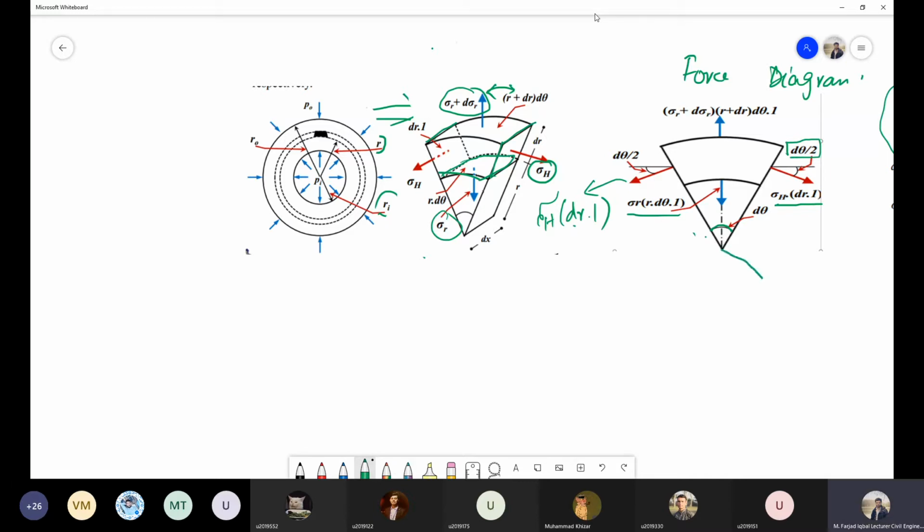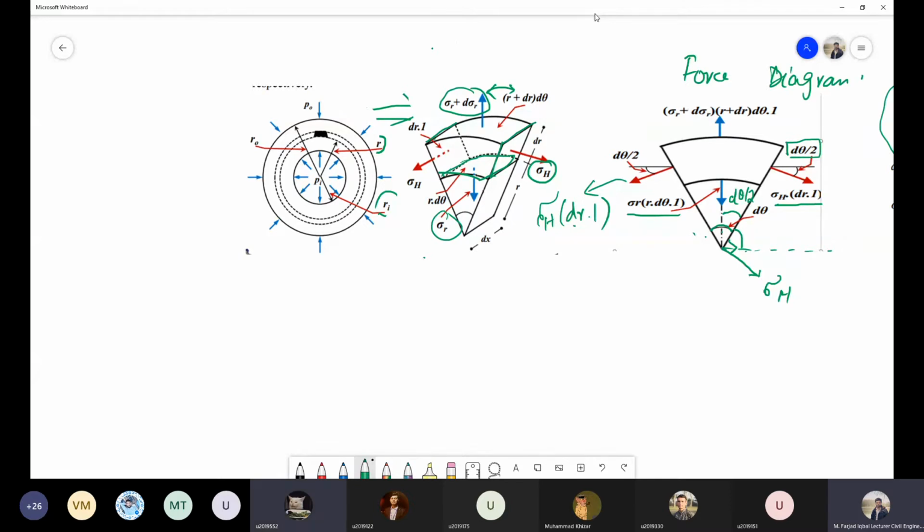Now we know that this hoop stress is acting perpendicular to this inclined surface, and this is the horizontal surface. If this is the hoop stress, what will be this angle? This angle is obviously d theta by 2. What will be this angle now? Anyone?